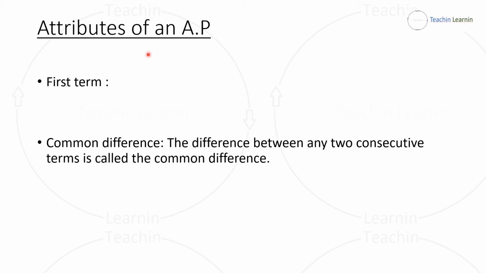As we have told, an AP is fully dependent on the first term and the common difference. And try to remember what is common difference. The difference between any two consecutive terms of an AP is called the common difference.